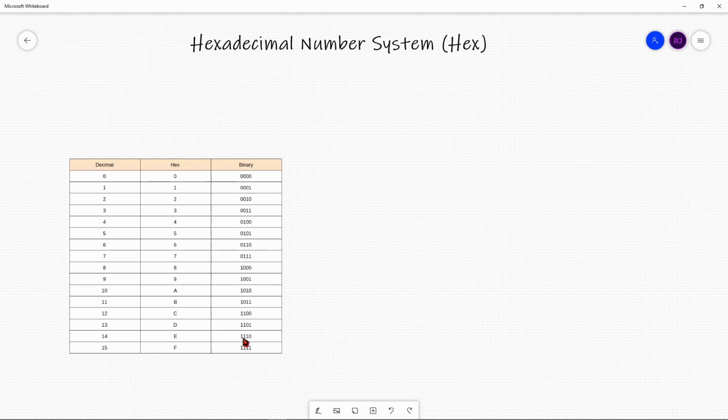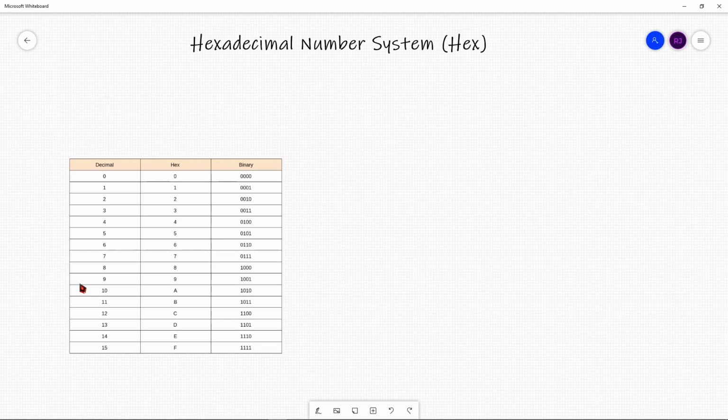As you can see, we can represent 4 digits of the binary number system in one hexadecimal digit. The reason for this is that the hexadecimal system has 16 symbols. The symbols start the same as the decimal number system, up to 9, but then for the last 6 symbols, it uses the letters A through F.